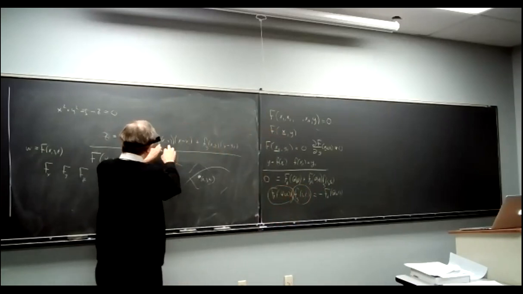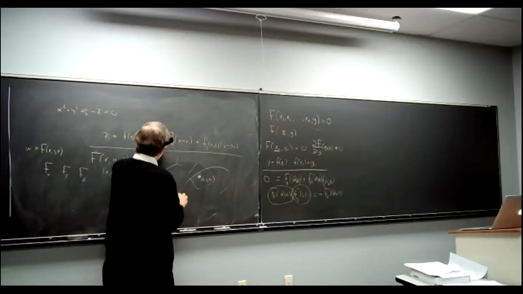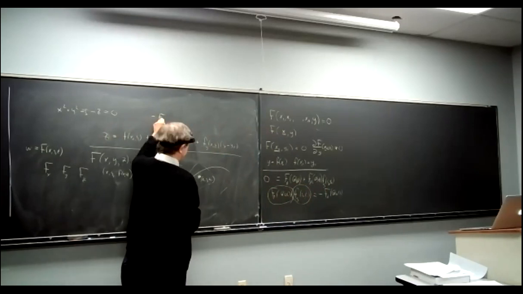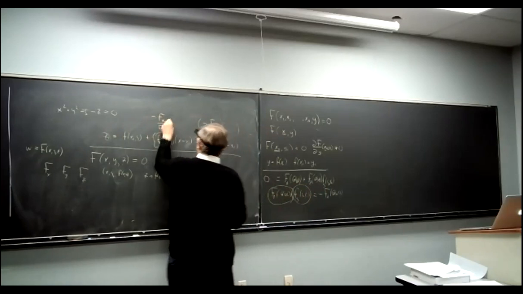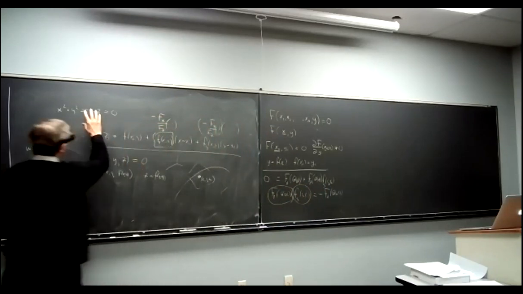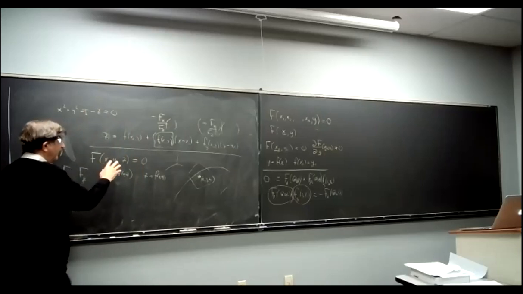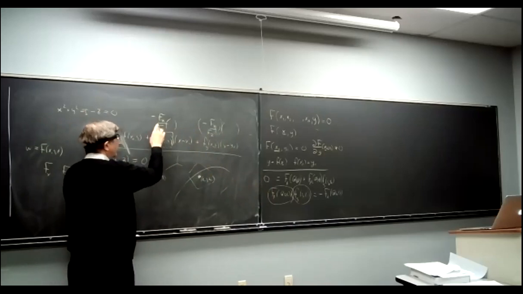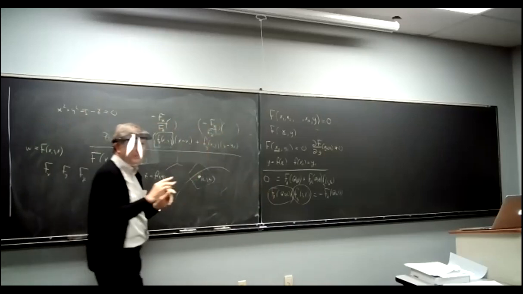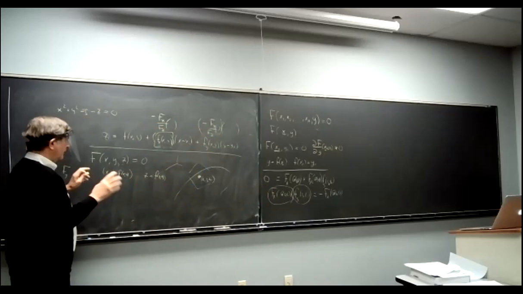If I take this, and instead of that, write minus f sub x over f sub z, and instead of this one, write minus f sub y over f sub z. Now, these are evaluated, so they're numbers, but if I'm able to solve the equation for x and y, I could use the implicit function theorem to replace the partial derivative by this thing, and this partial derivative by this thing.